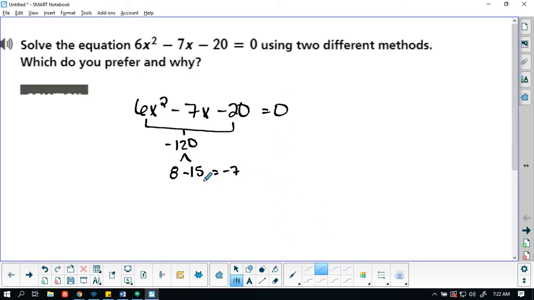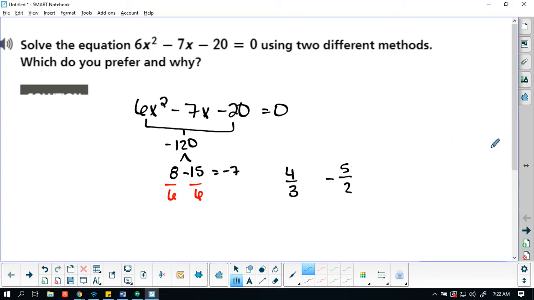Now remember, I do now have to divide by 6. Simplify, so we're looking at 4/3 and negative 15/6. 3 could go into both of those, so negative 5/2.